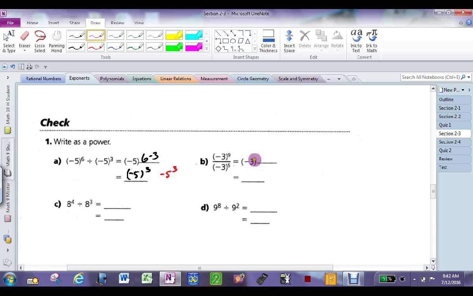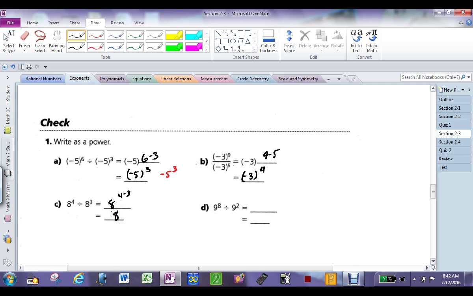Okay. What's this one? Damn, I always forget to change color back when I do something. What's the answer here? 8. There you go. Right?